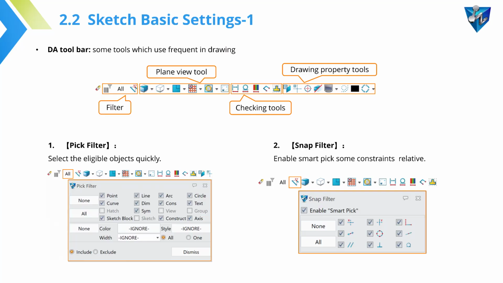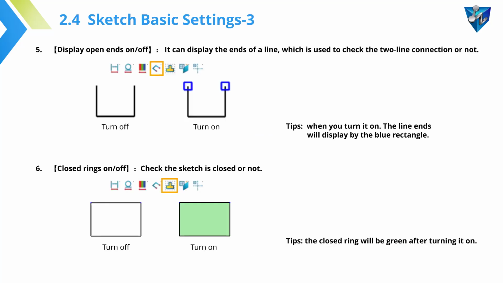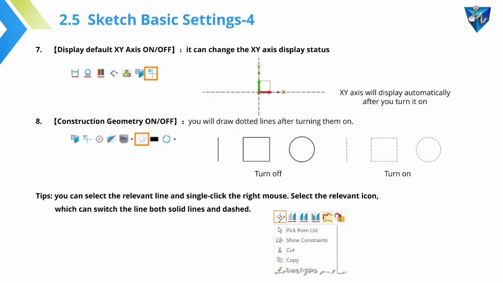It includes the filters, such as the pick filter and the snap filter, and the grid function to turn the grid on and off, and this icon to choose whether to always display the color code on or off. And this is the open ends on and off, and this is the close ring on and off. Also, the DA toolbar can display the default XY axis or the construction geometry on and off.